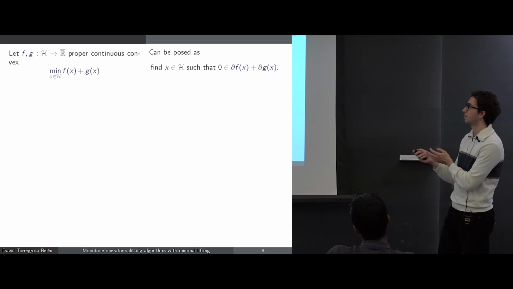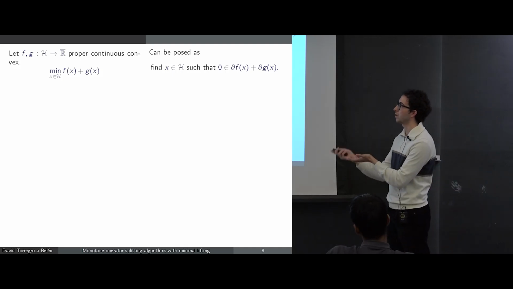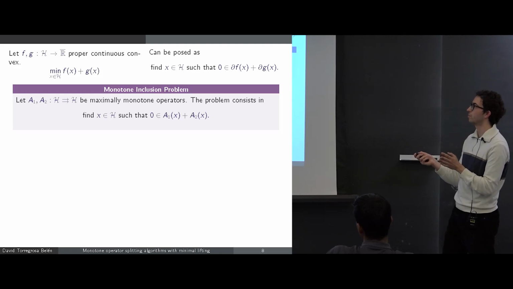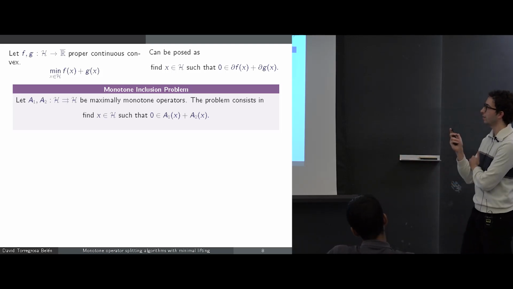And since the subdifferentials are maximally monotone, it makes sense to consider another, more general monotone inclusion problem: given two maximally monotone operators A1 and A2, find a zero of their sum.